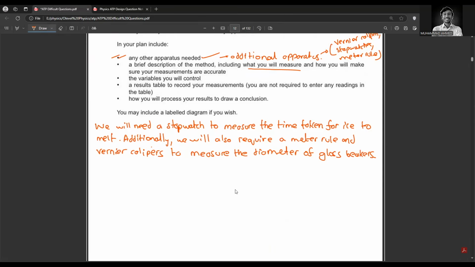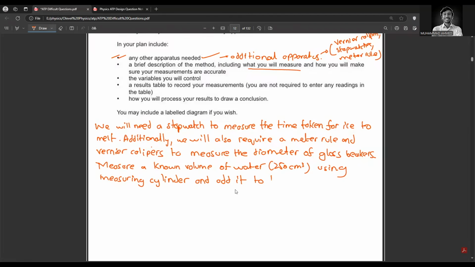So you will say measure a known volume of water, let's say 250 cm cube, using measuring cylinder, and add it to the glass beaker.